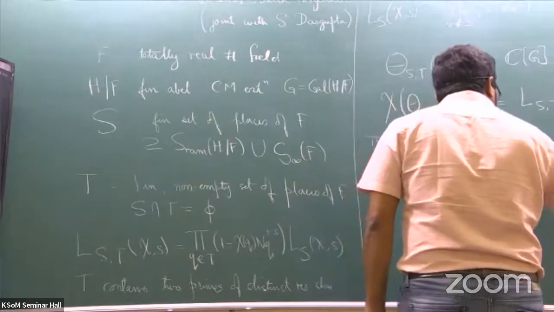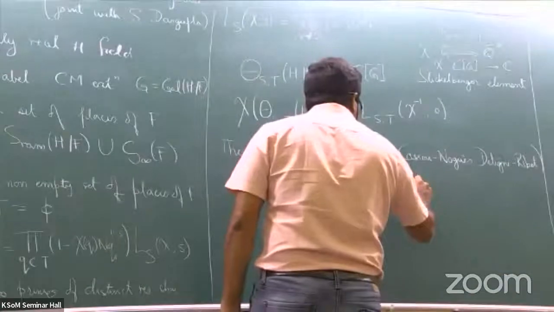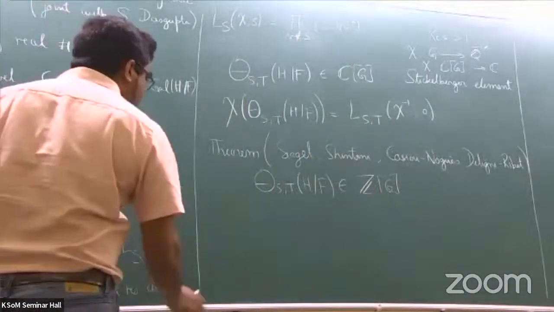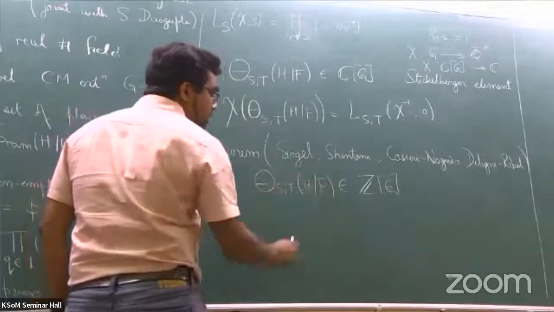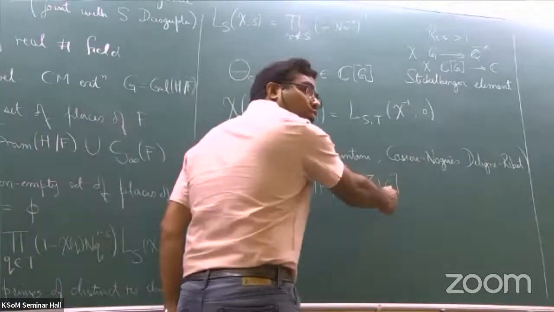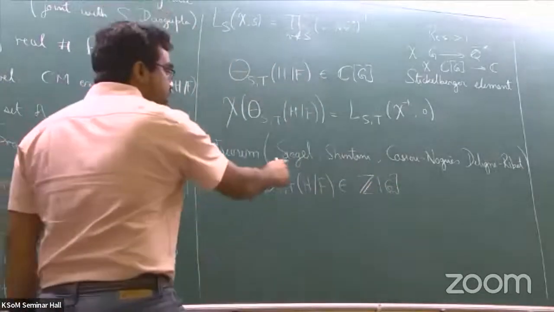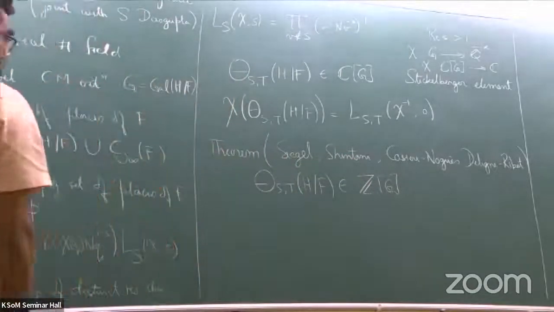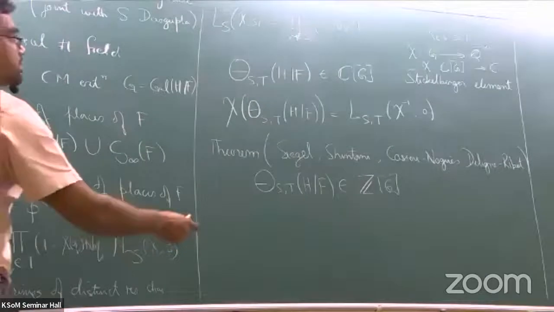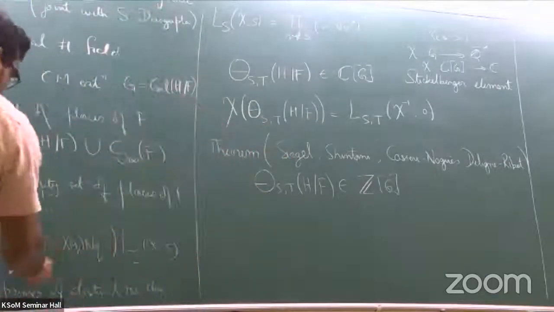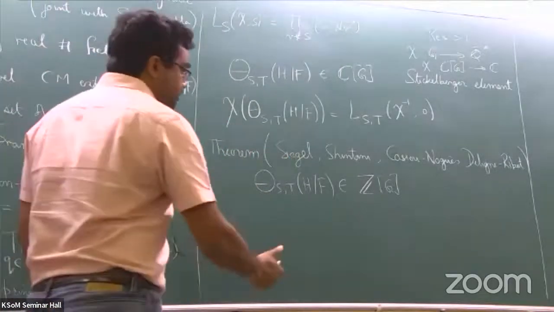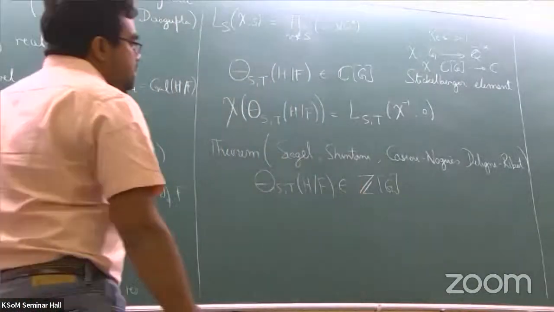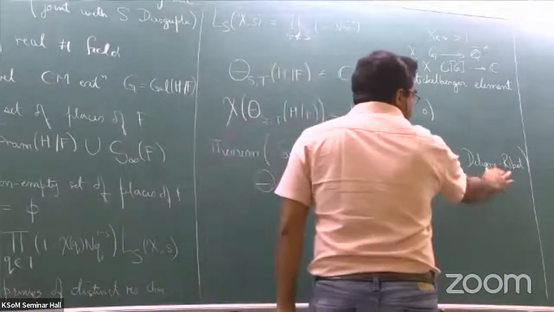So this thing is an element of Z[G]. Without this condition on T, or without this T-smoothing, you would only get an element in Q[G]. That's the result of Siegel and Shintani. But with this modification at T, multiplying by these finitely many factors, you actually get rid of all the denominators. So that's the result of Cassou-Noguès and Deligne-Ribet.